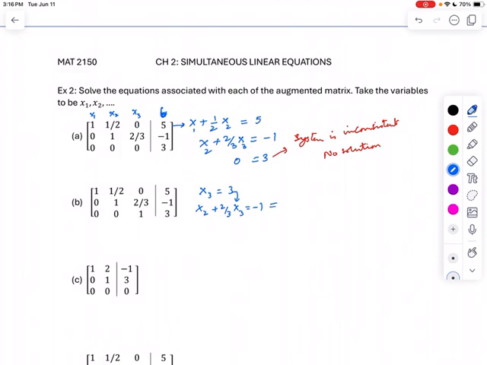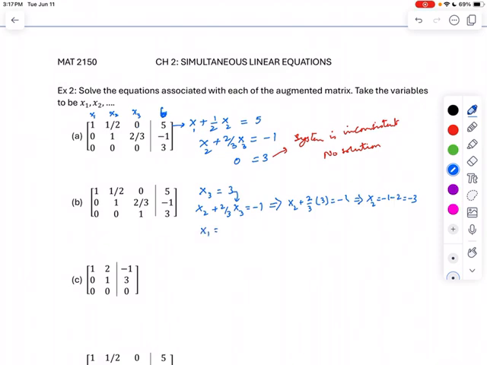So what we do now, we can substitute this value of x3 here and get the value for x2. So this gives me x2 plus 2/3 times 3 equals negative 1. So we get x2 is equal to negative 1 minus 2, so negative 3.